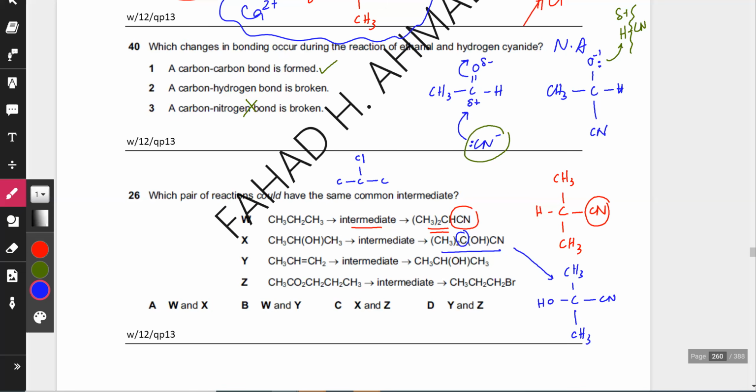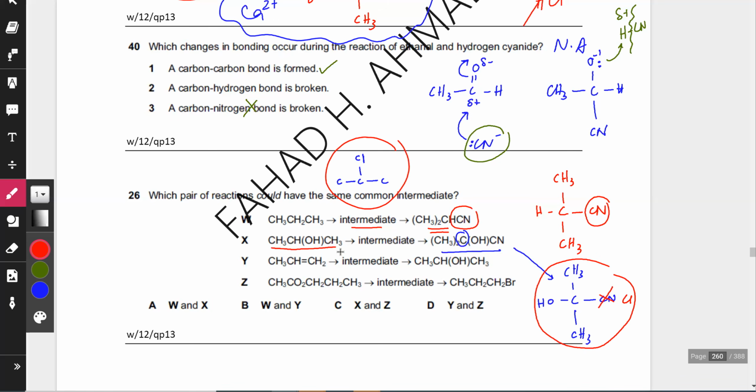So it's again three carbon atoms. The OH is on the middle carbon atom, which means before the CN came in, there must have been a Cl over here. So look at the first intermediate and look at the second reaction intermediate. They're both different because this intermediate already has an OH group, so that's definitely not the reaction.